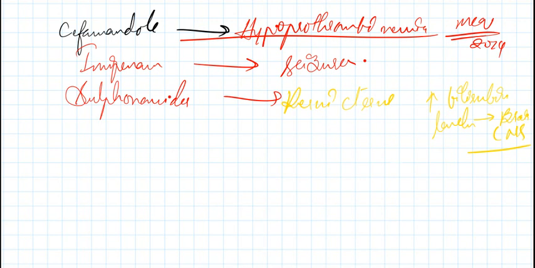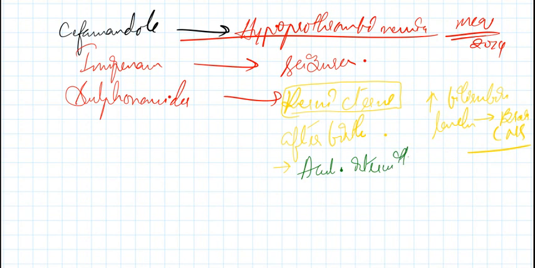So sulfonamides cause kernicterus after birth, and they also cause one important side effect called acute intermittent porphyria, and also methemoglobinemia.